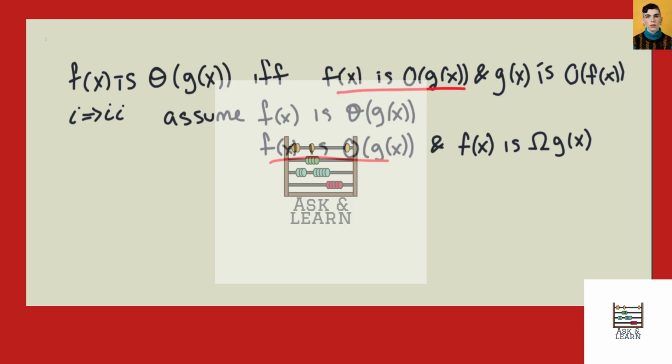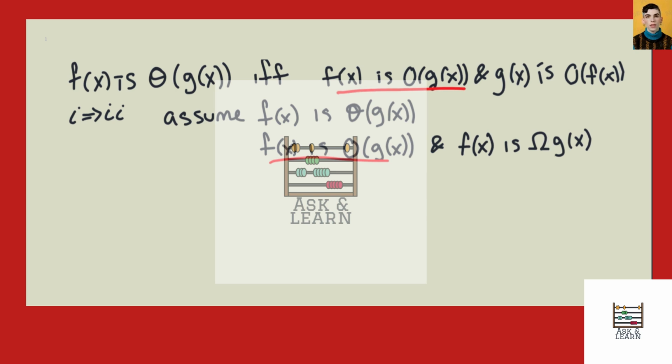Okay, well, if f of x is big O g of x, then that sort of takes care of the first condition, right? And so then let's continue with f of x being big omega.